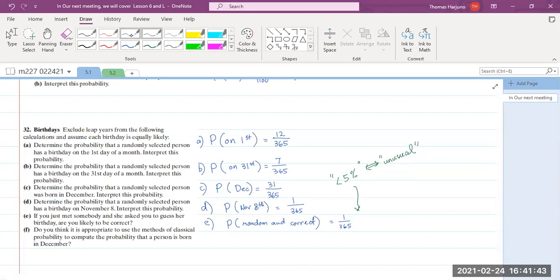So when we compute this 1 over 365, that's 0.003 something or 0.002. Okay, you can use your calculator, but you know that this is less than 5%. Therefore, the probability I can guess somebody's birthday correctly in one guess is unusual.